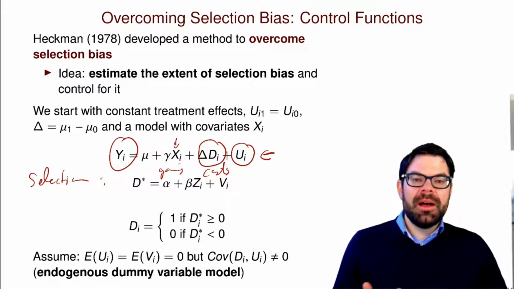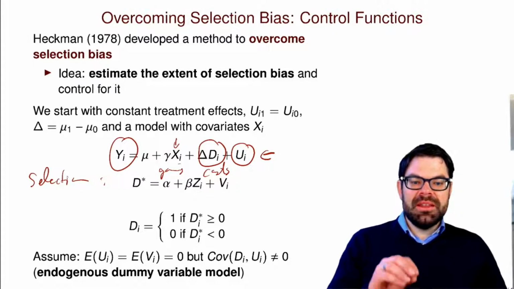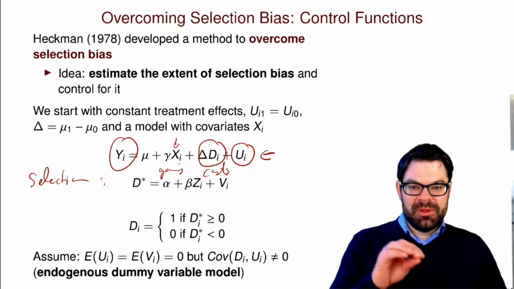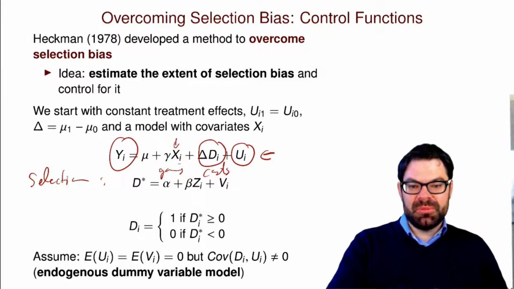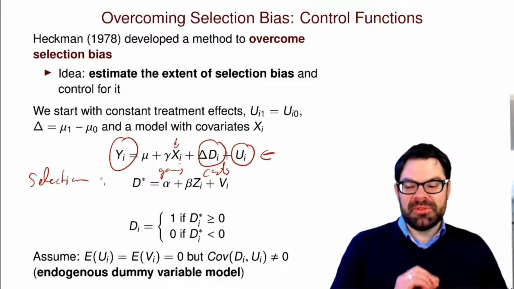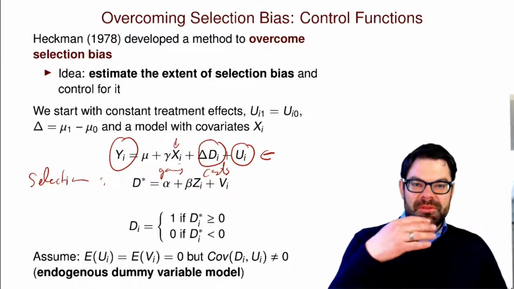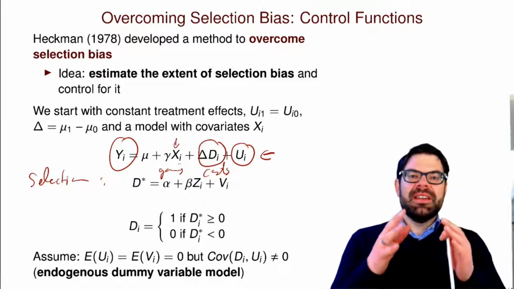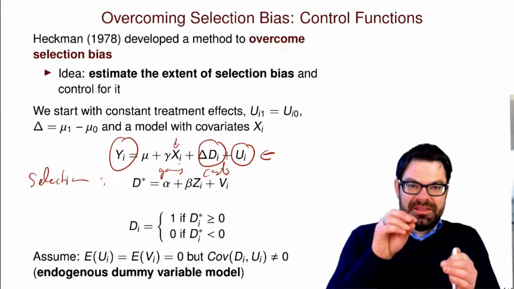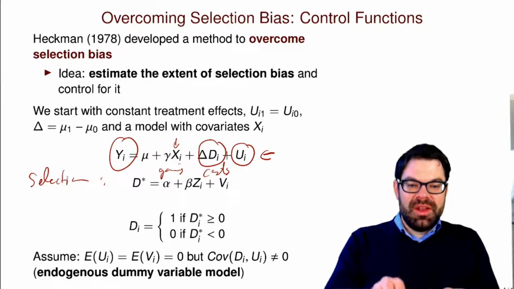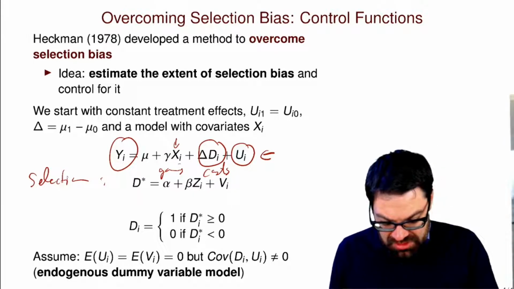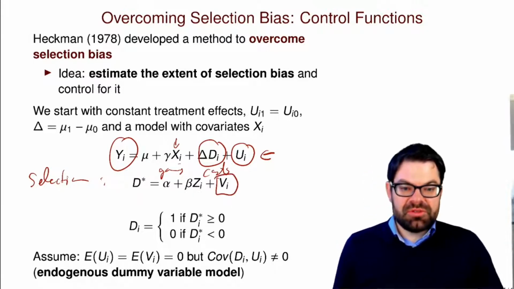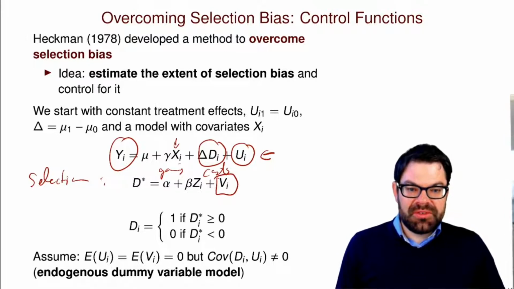Okay? And so again, here we need to apply the revealed preference logic, because D star we don't observe. What we observe is whether they take the treatment or not, and we have to simply assume that if we see that they've taken the treatment, that must mean that for them the gains are greater than the costs. And that the heterogeneity across people here comes from the heterogeneity in costs, the cost of taking the treatment.